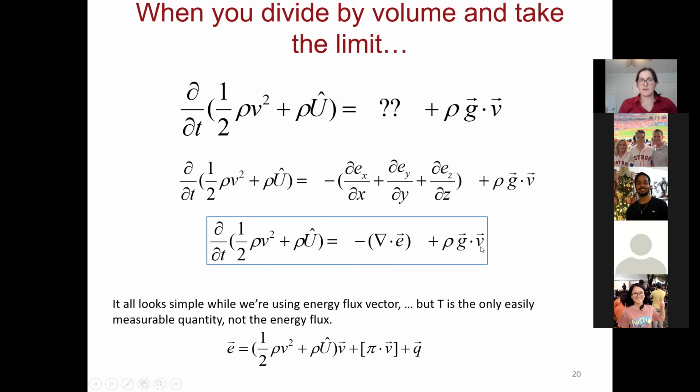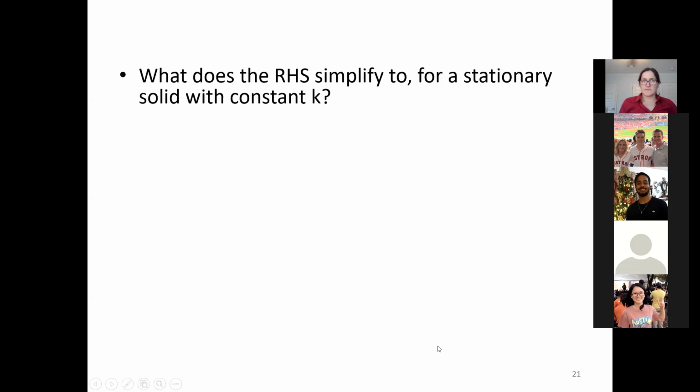And velocity is 0, so this term is 0 as well. Then I have the rate of change in time. What does this right-hand side, divergence of q, simplify to when all of these velocity components are 0?